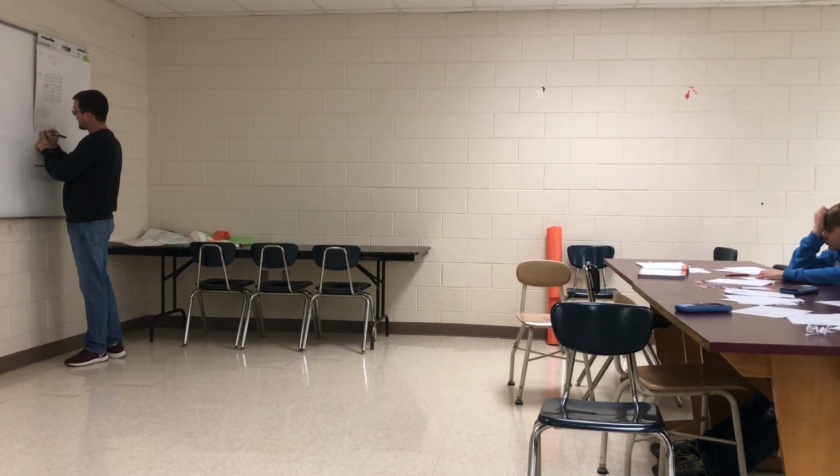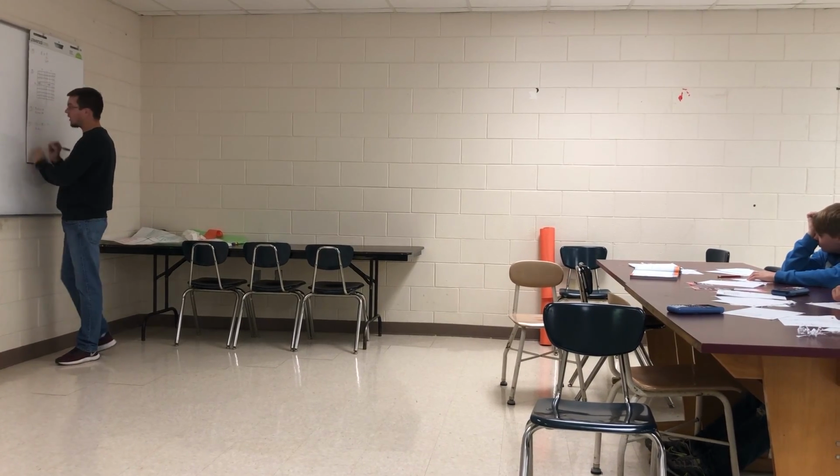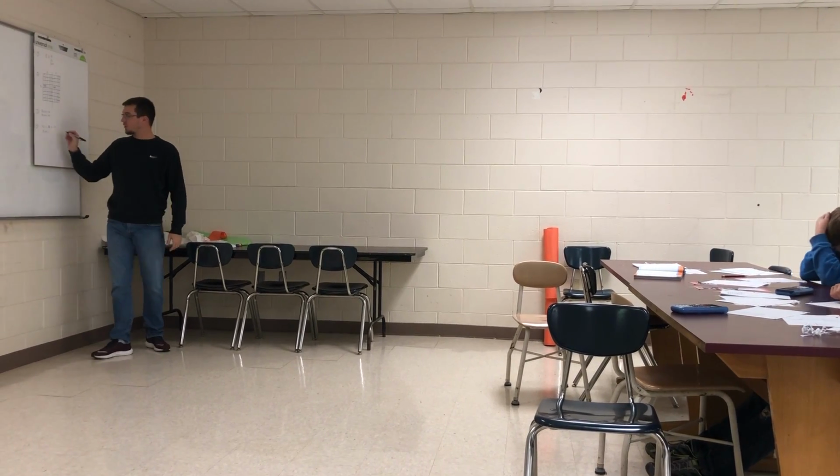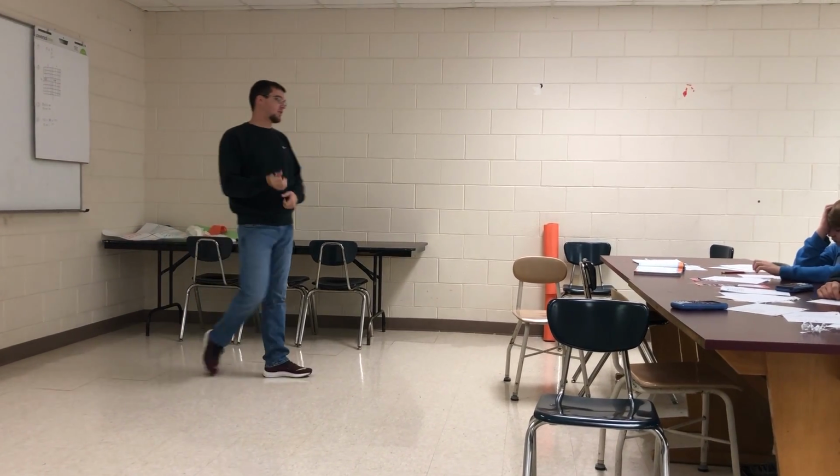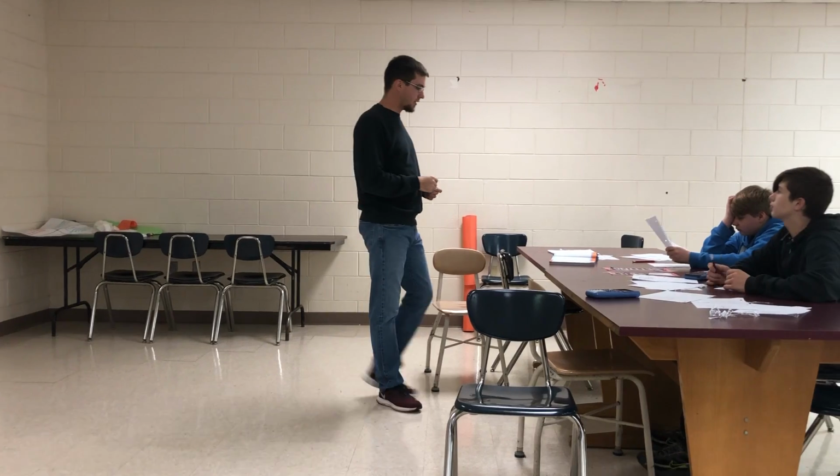So that tells me that 8 times 9 is what? 72. This is multiplying one-digit factors.